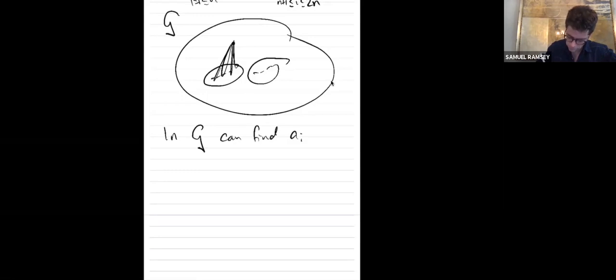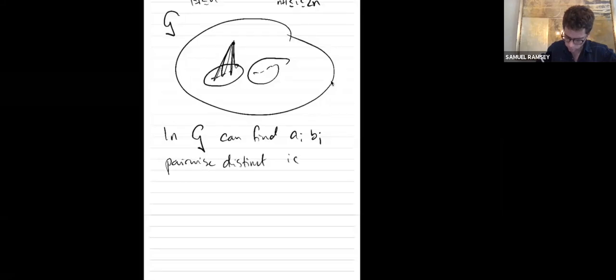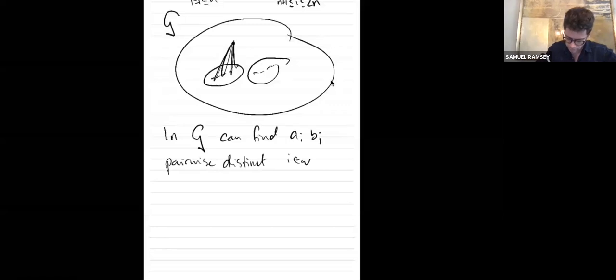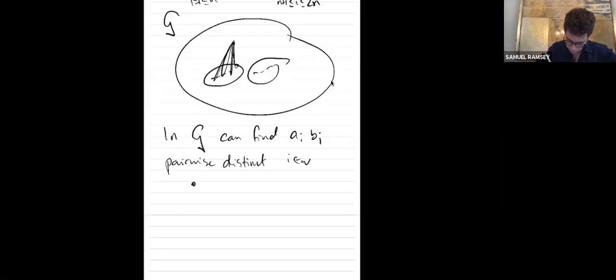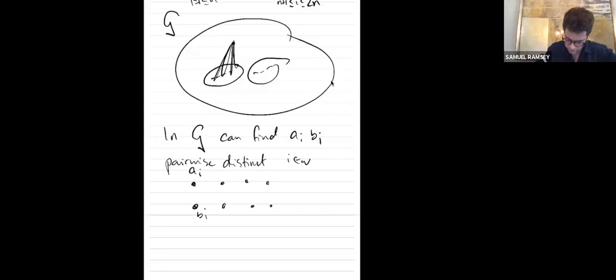a_i, b_i, let me say it this way, pairwise distinct, as i ranges over the natural numbers, that look like a half graph. So let's say here we have a_i and b_i. Or actually, let's give these particular indices.